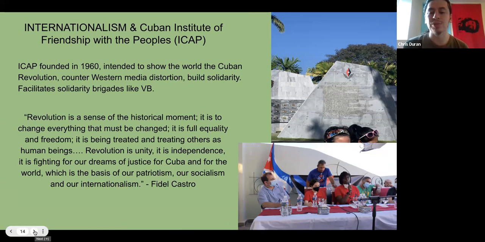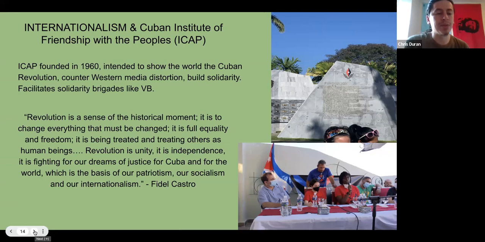Which actually brings us to a quote by Fidel Castro, where he spoke on what the essence of revolution is. And it's actually a quote that is on a memorial right next to his grave and next to a tomb dedicated to all of the internationalist freedom fighters who went to Angola from Santiago de Cuba, where we visited.